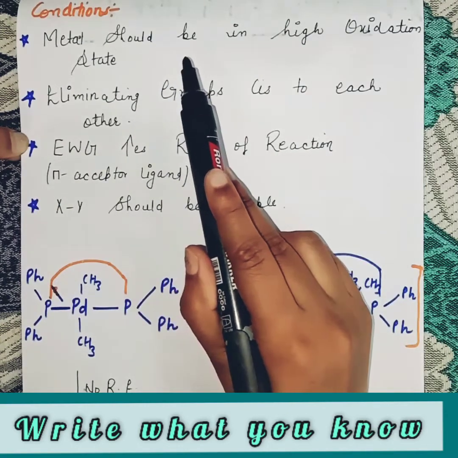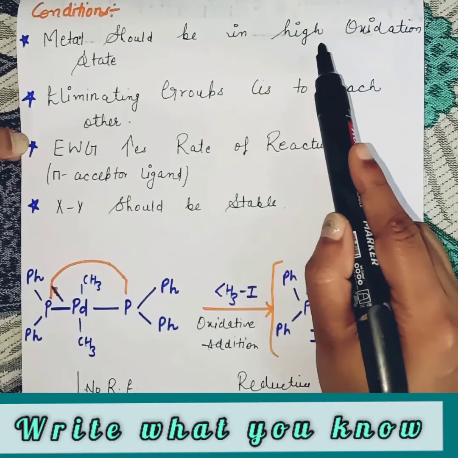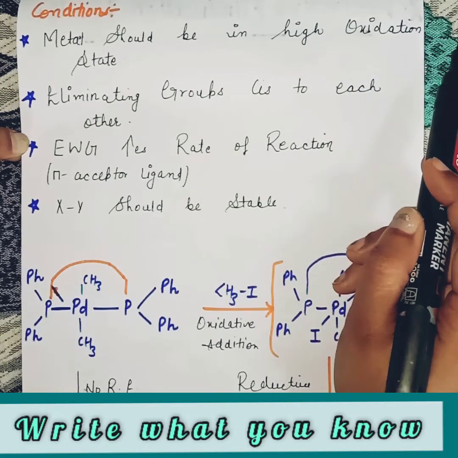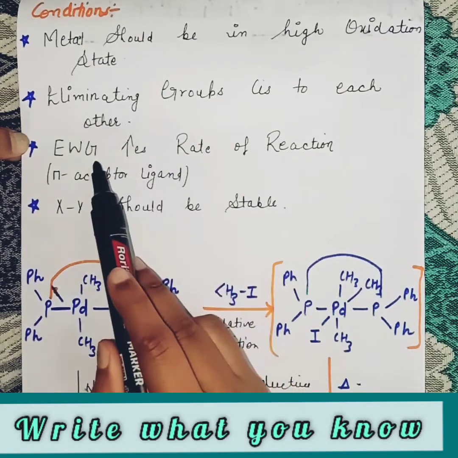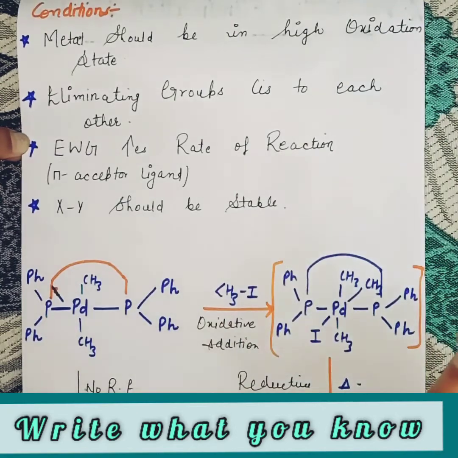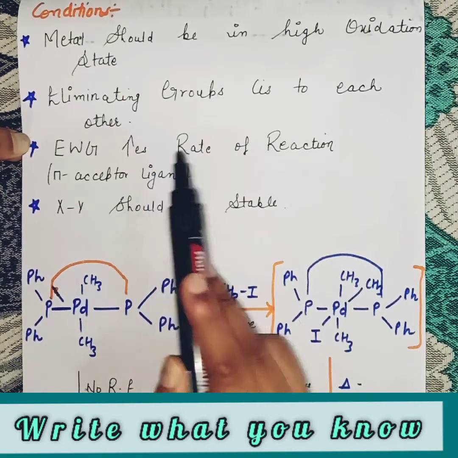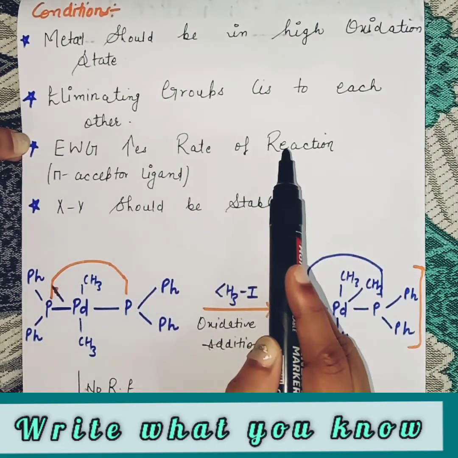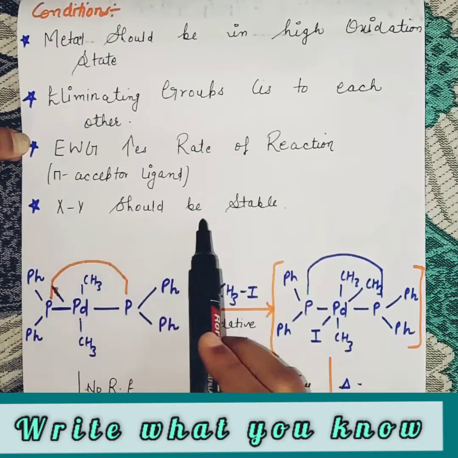In oxidative addition, the metal should be in a low oxidation state, and in reductive elimination, it should be in a high oxidation state. Eliminating groups should be cis to each other, already discussed. Electron withdrawing groups increase the rate of reaction. In the previous case, electron withdrawing groups decrease the rate of reaction, but in this case electron withdrawing groups increase the rate of reaction and electron releasing groups decrease the rate of reaction. XY should be stable.